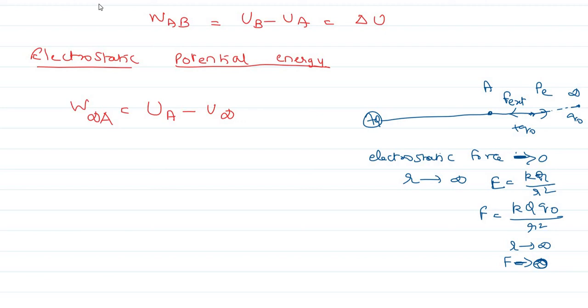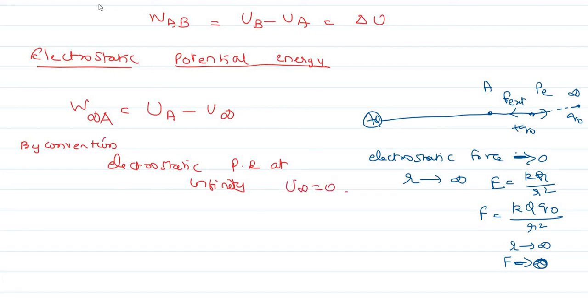So we can choose the electrostatic potential energy at infinity, usually by convention, to be 0. The reason you can explain in this way: literally there will not be any electrostatic force of repulsion or attraction at infinity.